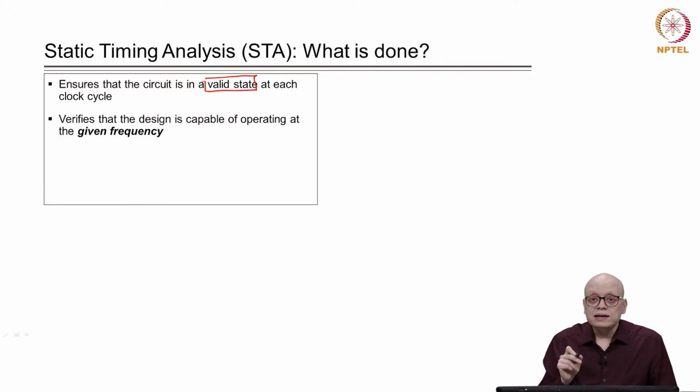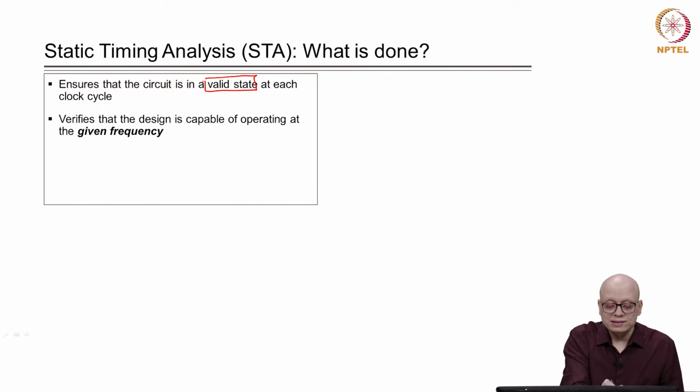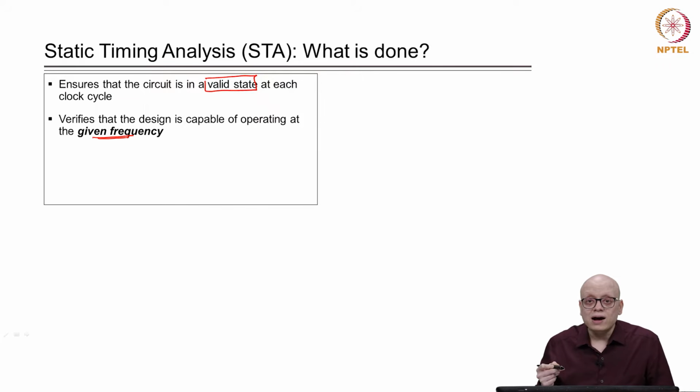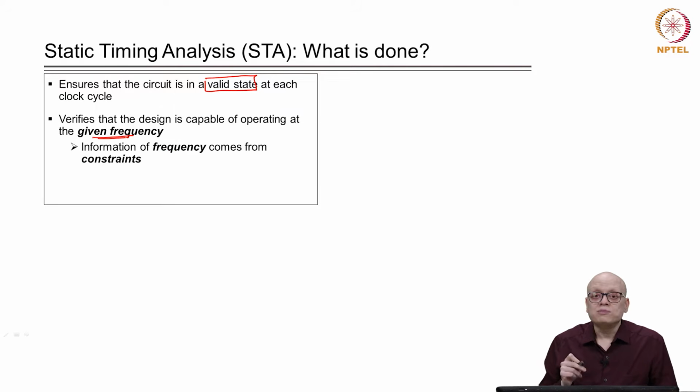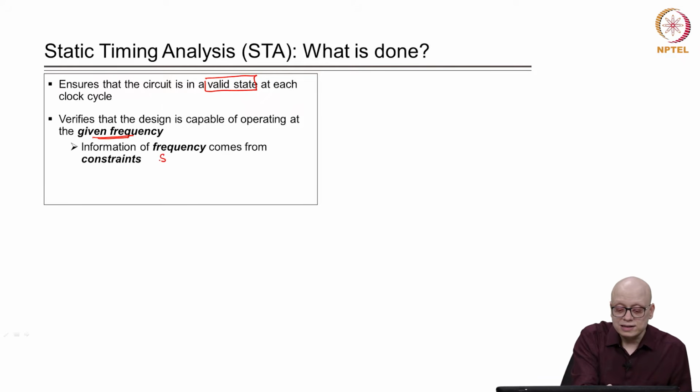Then the second important task that is carried out by the STA tool is to ensure that the given design is capable of working at a given frequency. So, how do we specify frequency for an STA tool? We specify it in the constraints file, which is typically written in Synopsys Design Constraints format, or SDC format.